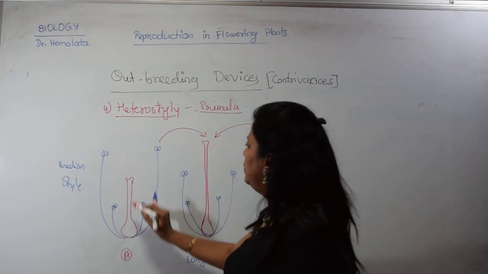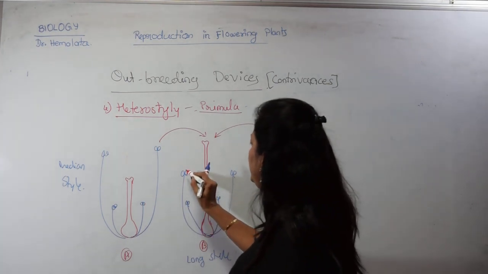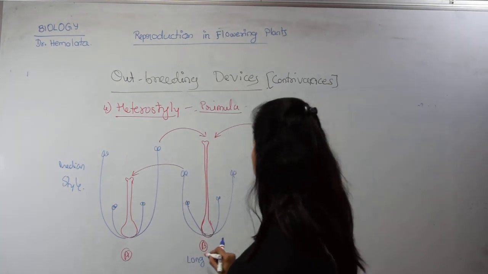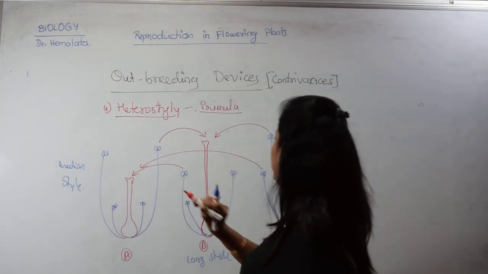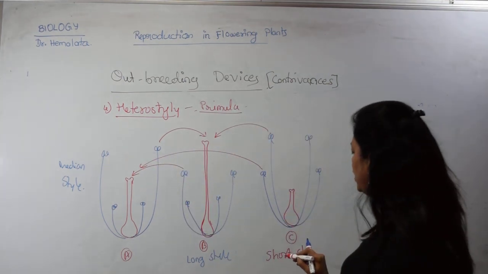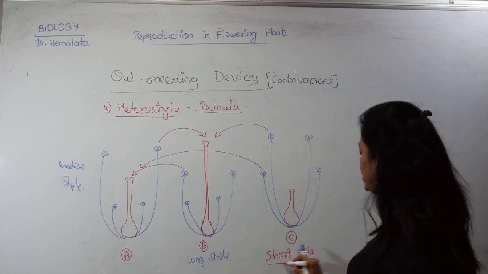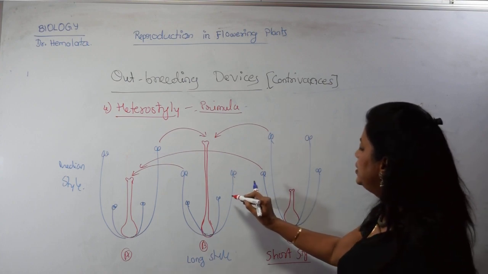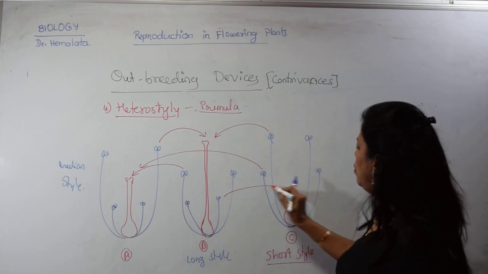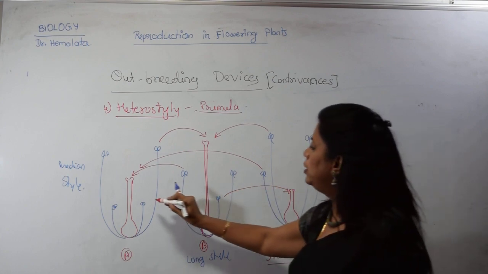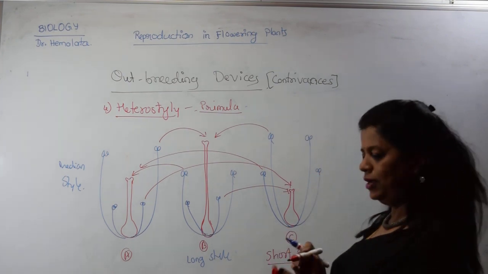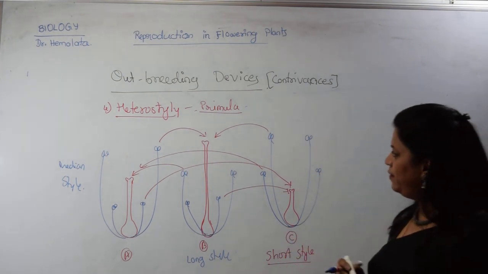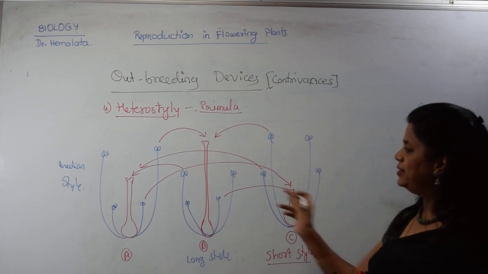The one with the median style should undergo pollination with either the B flower or the C flower. Then the C plant or C flower having the short style will undergo pollination either with the long style B plant or with the A plant. Observe this. So everywhere the pollination is like this, reverse.